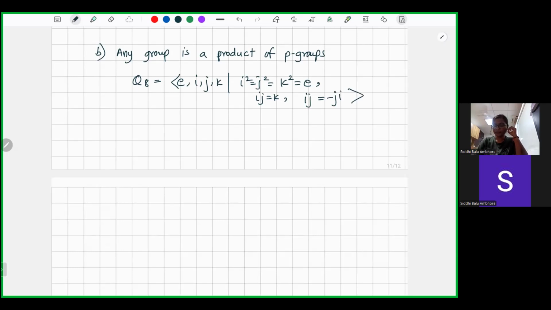And if I want to write it as a product of p-groups, then the only possibility for Q8 will be... we don't even have to go there.